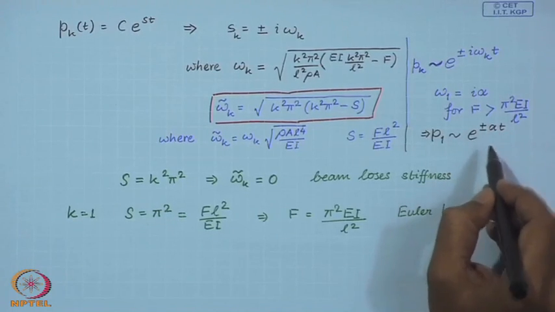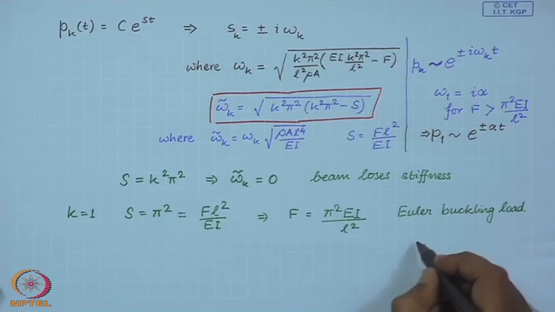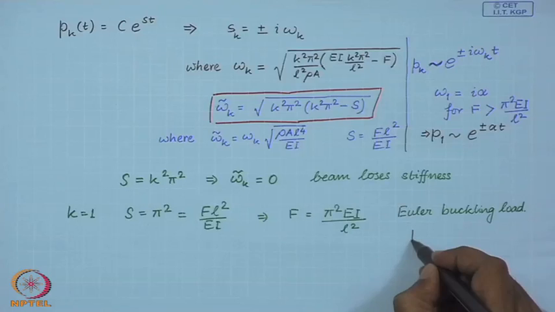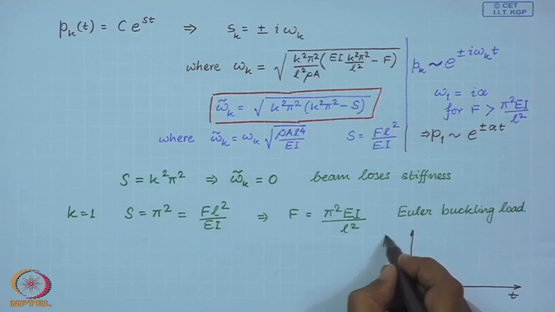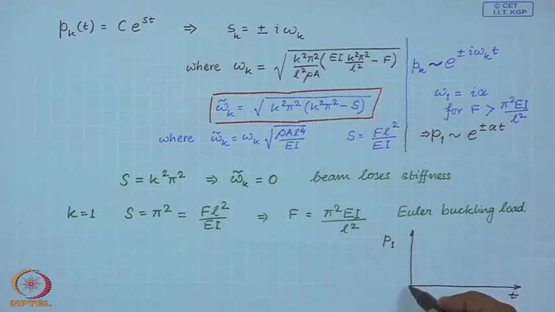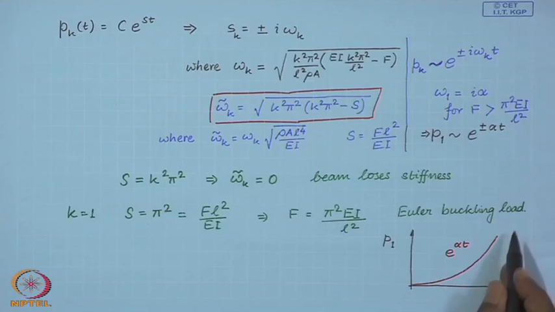Now, at a finite time, the exponentially increasing solution is going to dominate. So, even for a very small initial disturbance, the solution is going to have this nature.